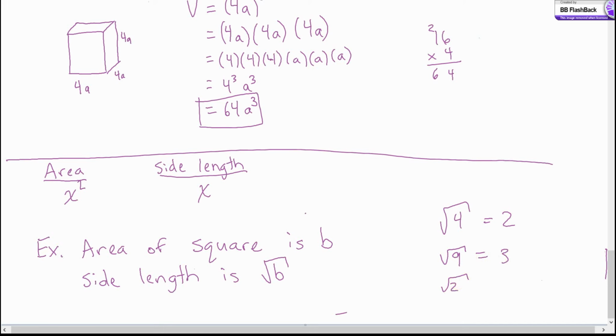Let me do square root of 16. What times itself equals 16? 4. Square root of 25. What times itself equals 25? 5. So being comfortable with these would be really helpful.